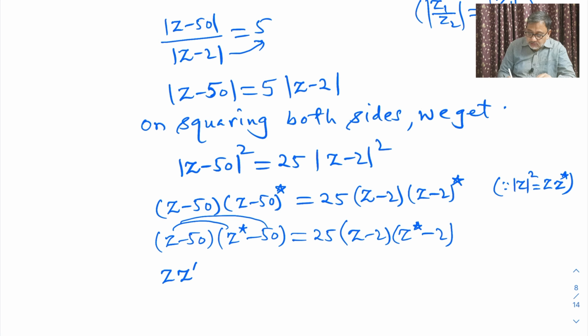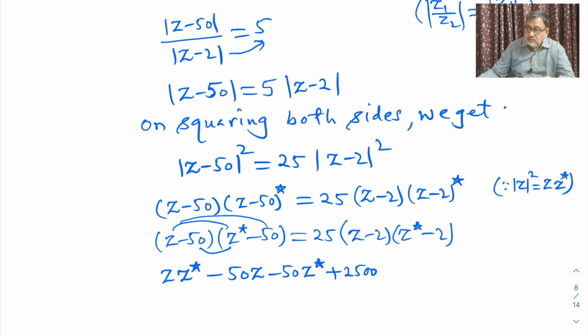So z z conjugate minus 50 into z, minus 50 z conjugate, minus and minus plus, 50 square 2500. Okay.